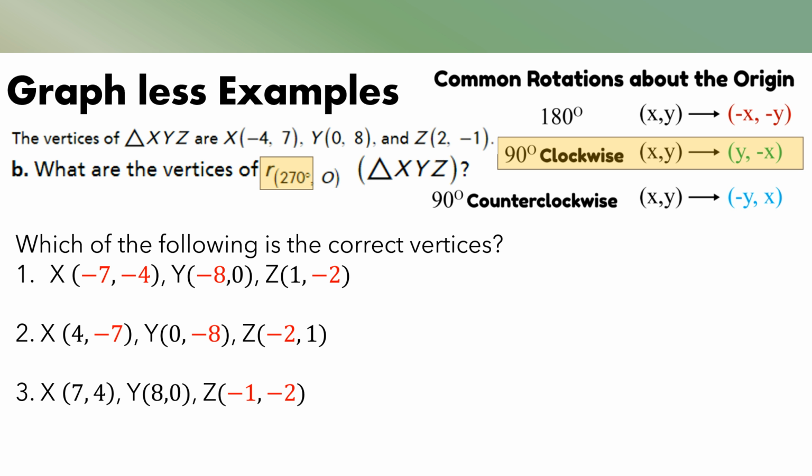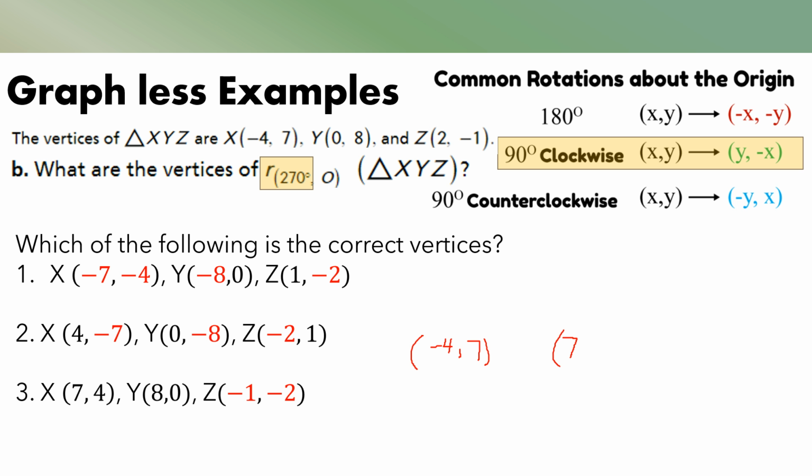Welcome back. Since you've come back at this point, all you really need to do is start with the very first point and see which one's matched. Notice there is no none of the above, so it's going to be one of these. We're looking at -4, 7, and we switch that around.